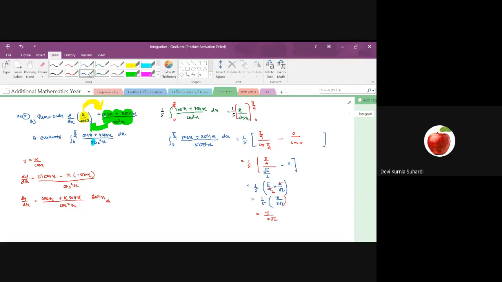So it's always good practice to rationalize the denominator. So I'm going to multiply root 2 and root 2 here. Okay, root 2 divided by root 2 is 1, so it doesn't affect the question or the statement. So therefore I have pi root 2 over root 2 times root 2 is 2, so 2 times 10, 20. And we're done.